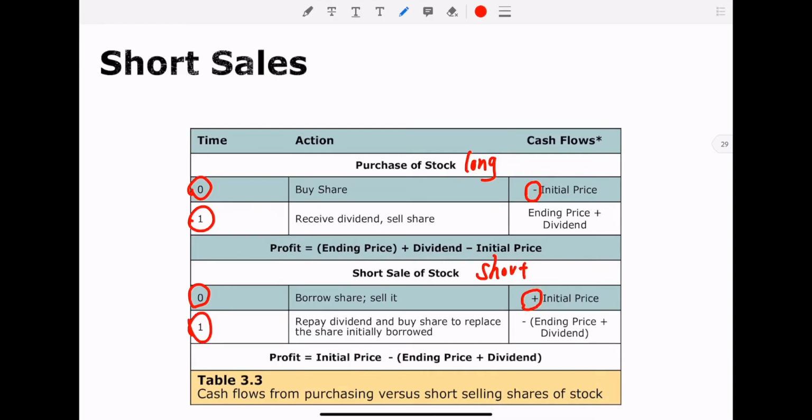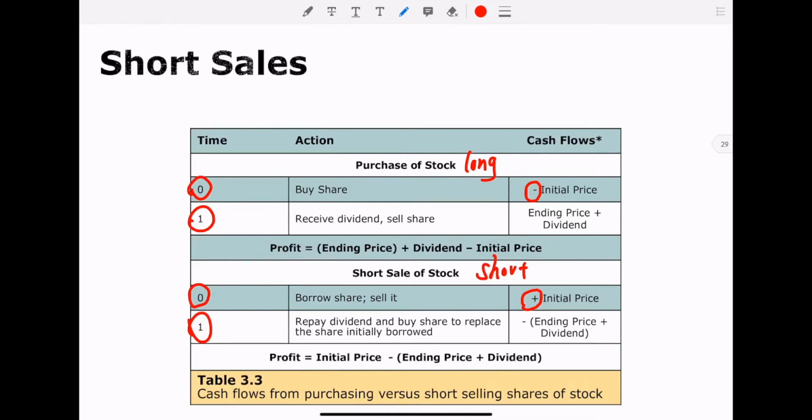Right? Next, on day 1, you will want to return this share, right? So you will basically buy back the share. And on day 1, you will have to repay the dividend in the process. And you will also want to pay this ending price because you need to buy back the stock.